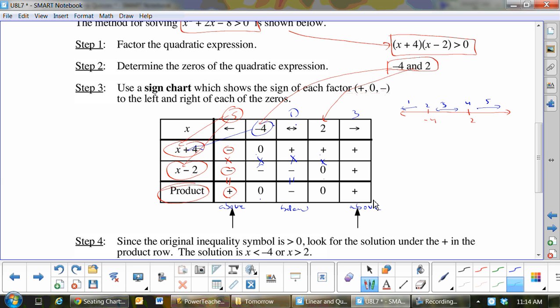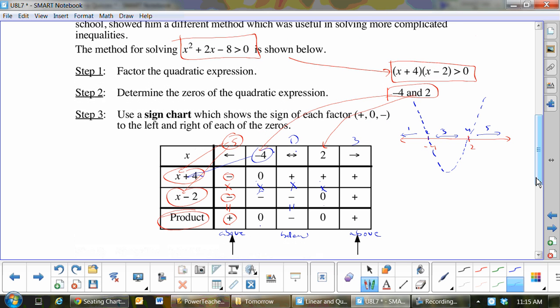So, my graph would show above, below, right? And then it comes back, and then above again. And the question said, when is this above? So that would be this point here and this point here.